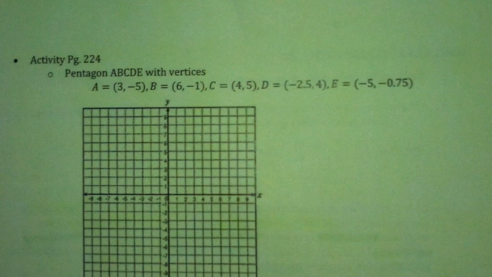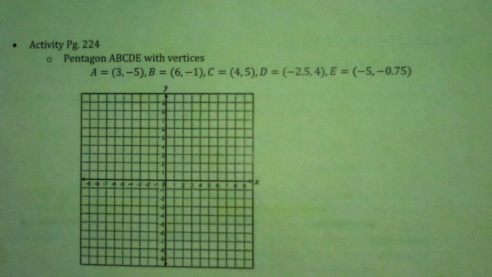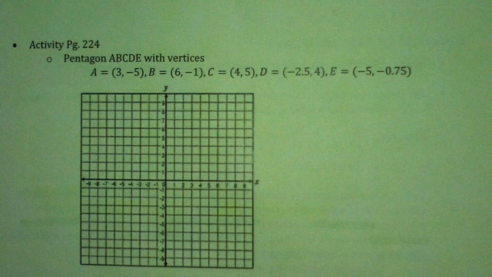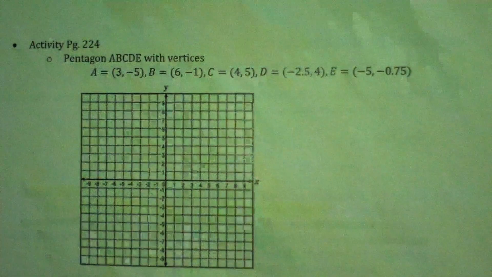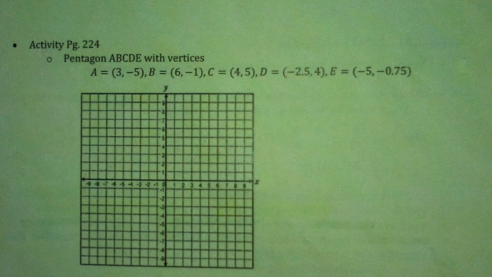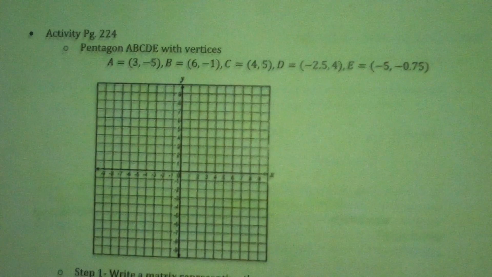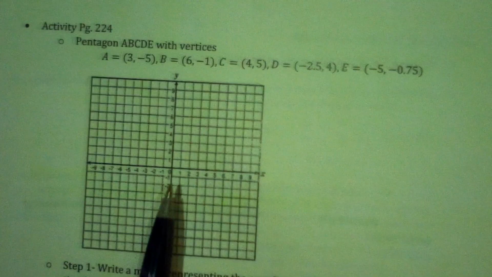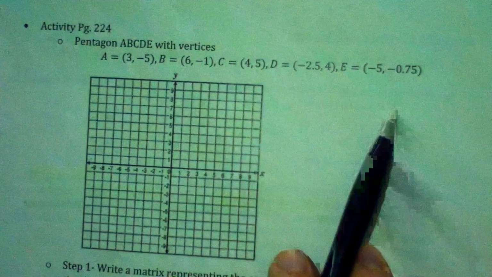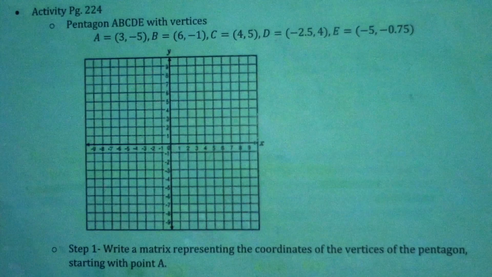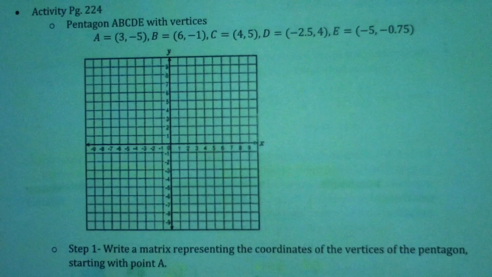Make your pentagon. You don't have to use a straight edge; I just got my straight edge up here. We connect those in the order that they give them, right? So like A to B to C to D to E. You should get something that looks fairly close to that.